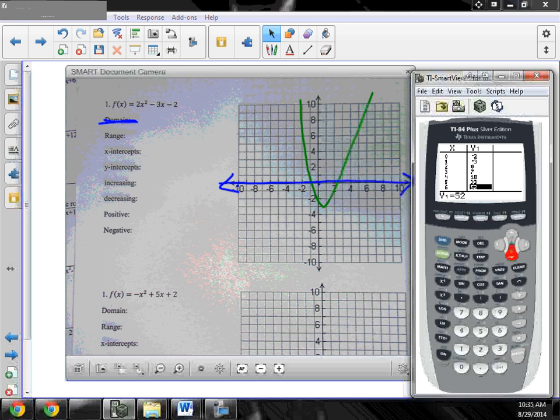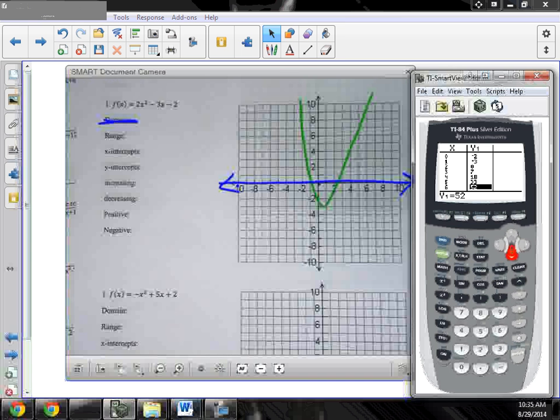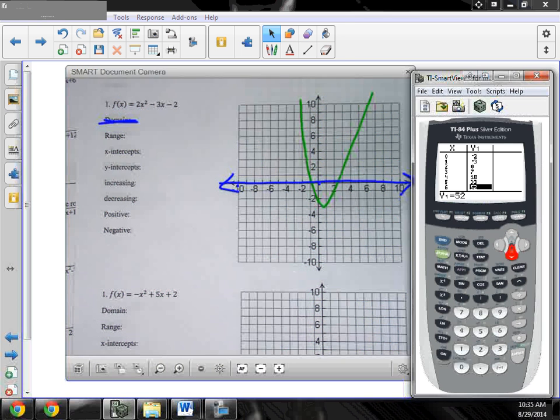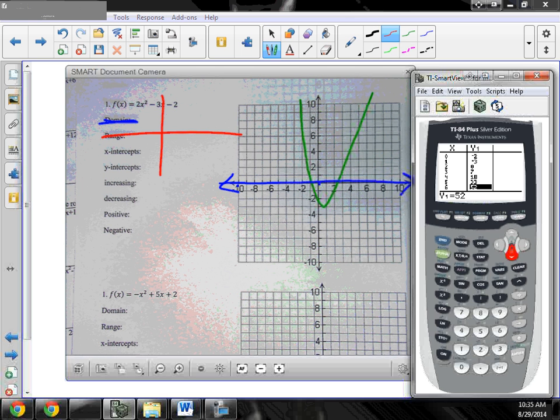What is the lowest y value? Is it going to be exactly negative 3, or could it be a little bit smaller than that? It could be smaller. Could it be bigger? No. But like if I zoom in a little bit and I looked at 1, 2, 3, actually it's between 1 and 2.